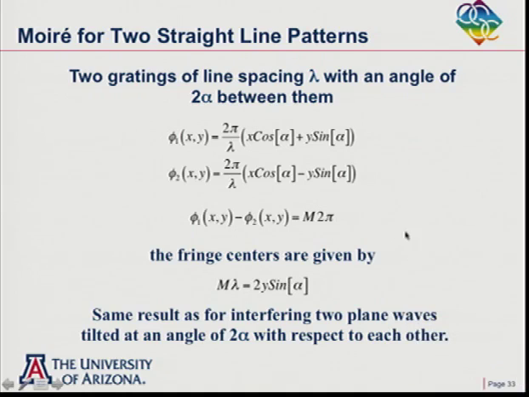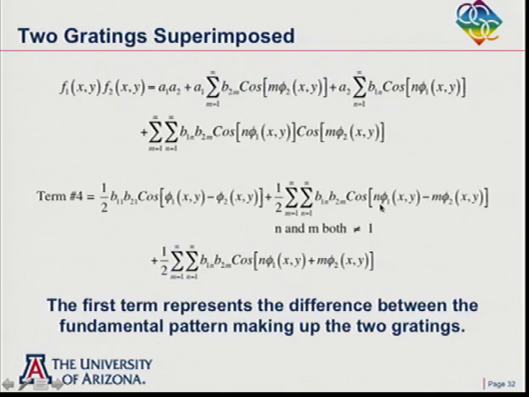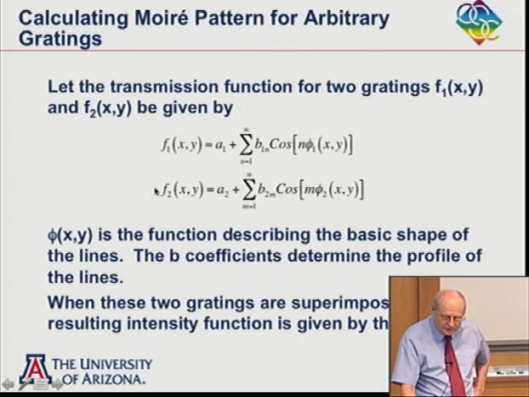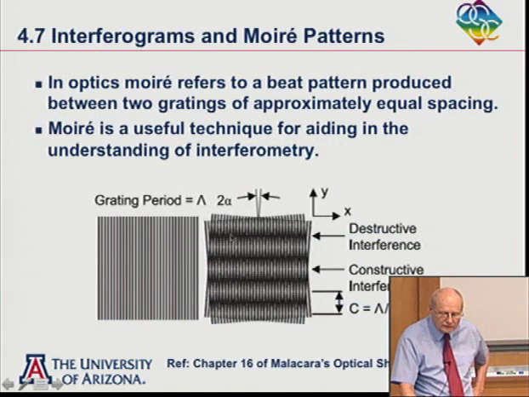That's the same result as you got in 505, if you remember back, when I interfered two plane waves, tilted an angle 2 alpha with respect to each other. So it's this term right here that is giving me these light and dark lines here.